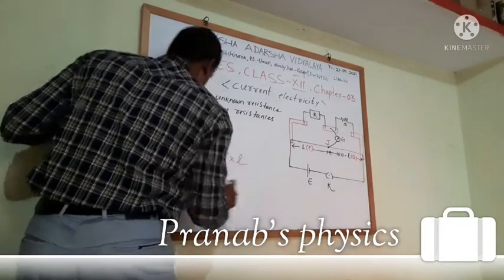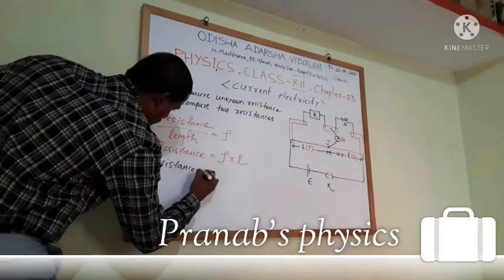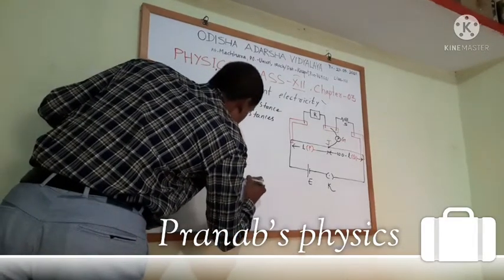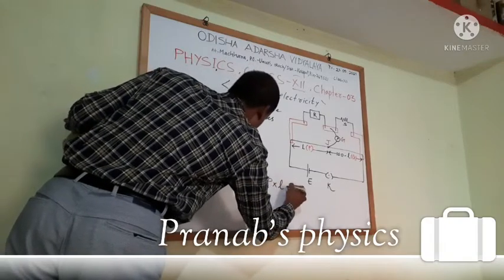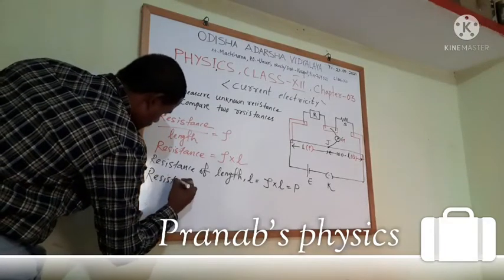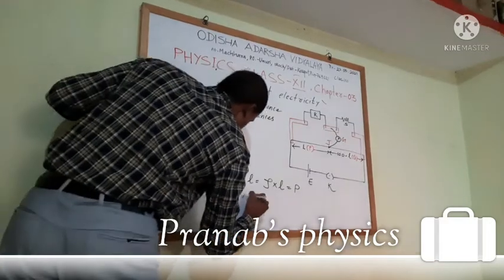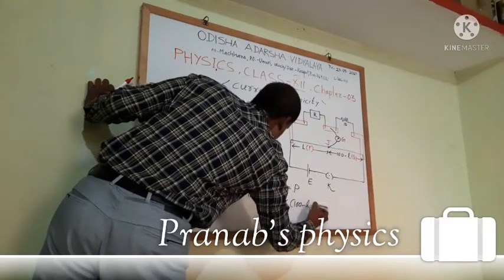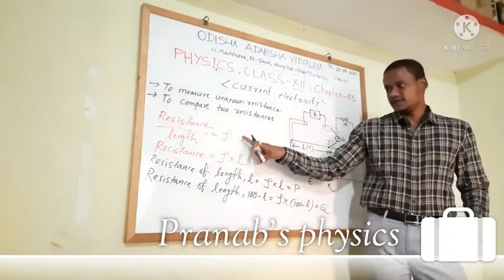So resistance of length L is equal to rho into L, which is P. Similarly, resistance of length 100 minus L is equal to rho into 100 minus L, which is Q. Resistance per unit length is equal to rho.